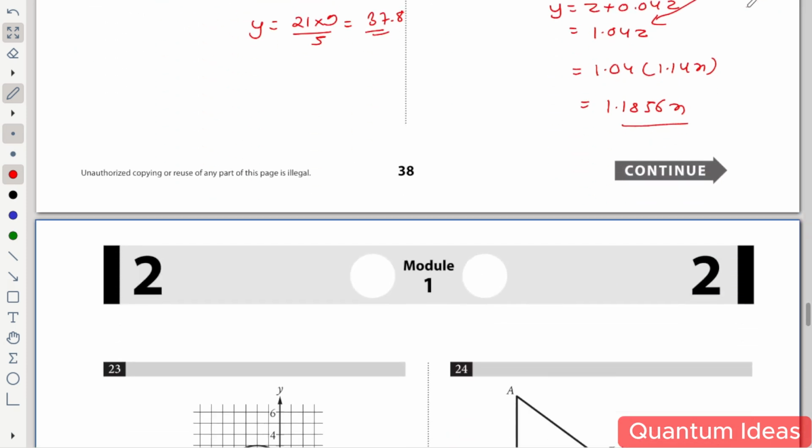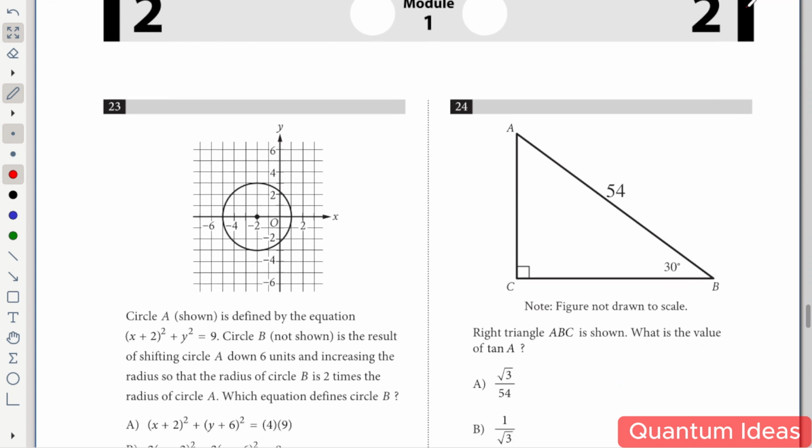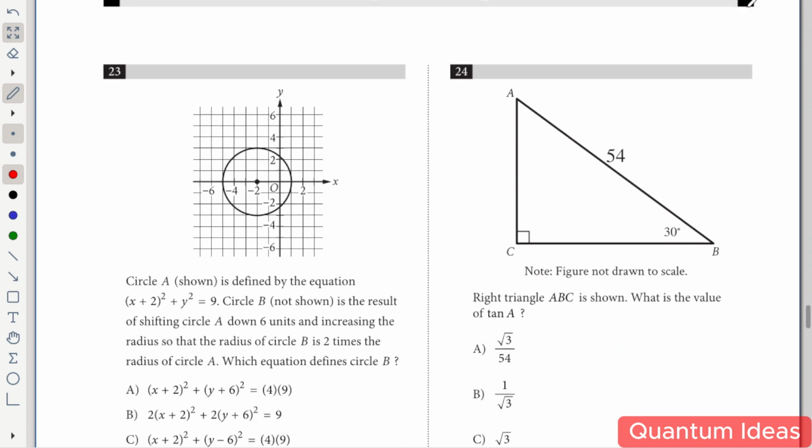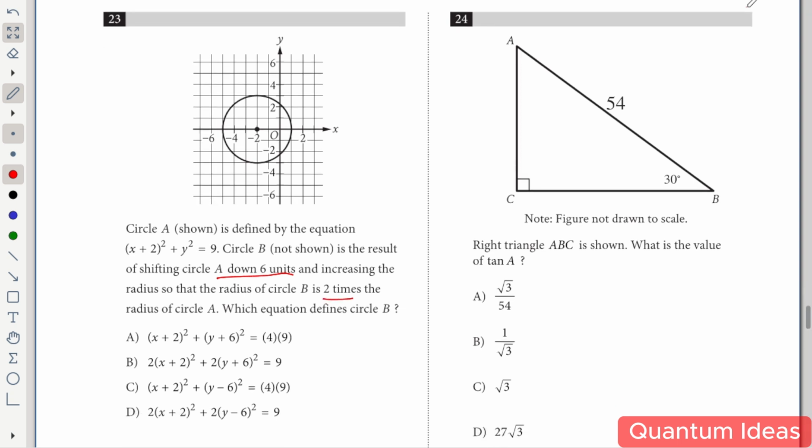So let's move to the next one, that is 23. I think it's a circle. Okay, the circle A shown is defined by this equation. Circle B, not shown, is the result of shifting circle A down 6 units and increasing the radius so that the radius of circle B is 2 times the radius of circle A. Which equation defines circle B? You can see here the center of circle A is minus 2 comma 0.